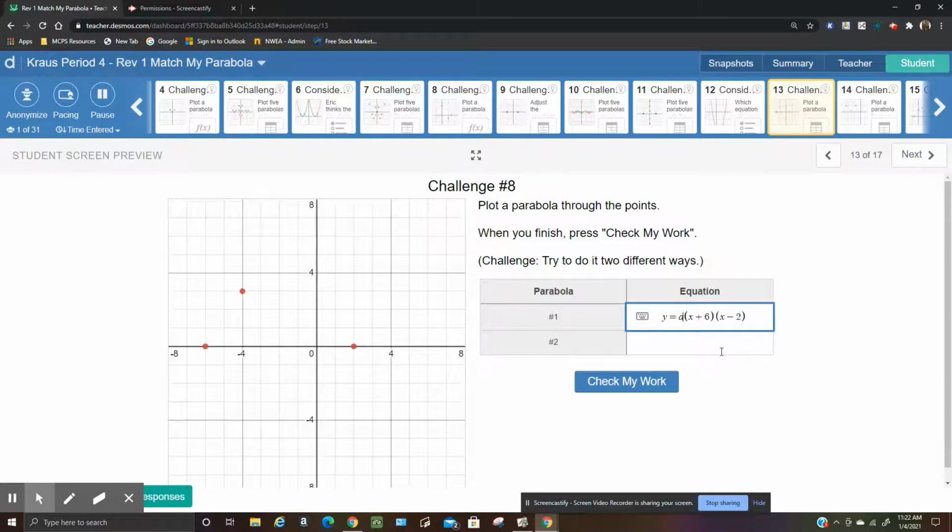Let me put this back to A, and the way I'm going to find A is to use this point here, -4, 3. So 3 equals A times -4 plus 6.